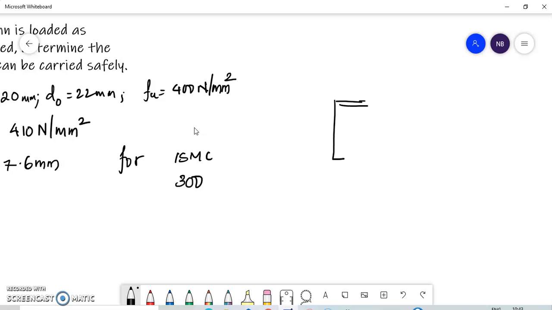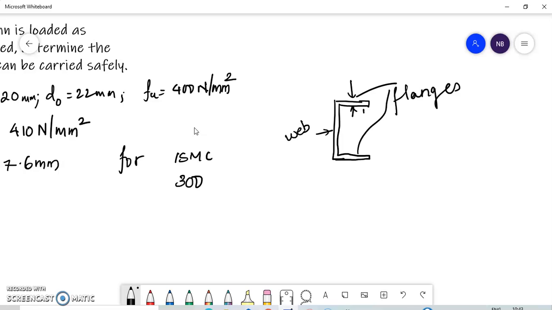Now let me explain what the web and the flange are. So we have a C section here. These two are called flanges, and this is the web. In your steel table, the flange thickness is given as TF, whereas the thickness of the web is denoted by TW.